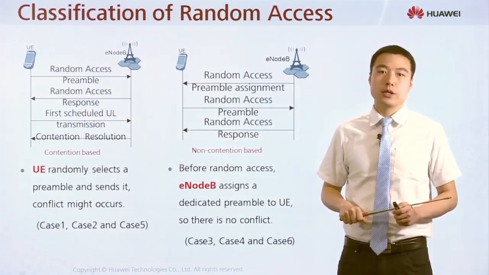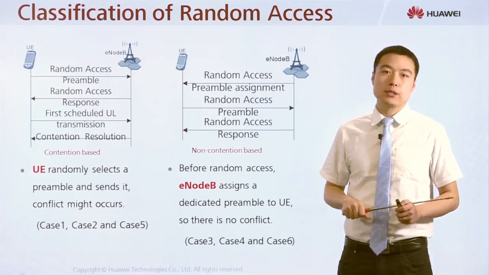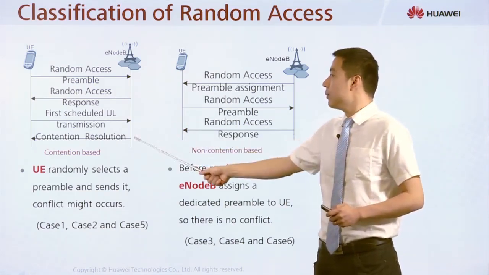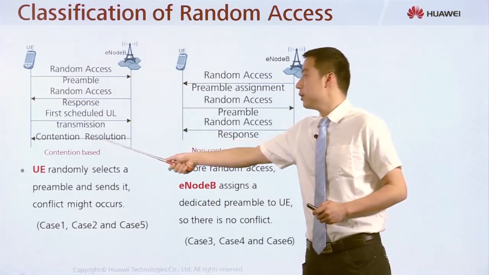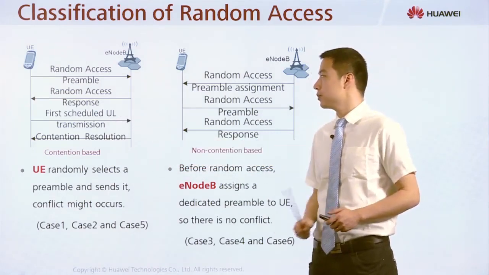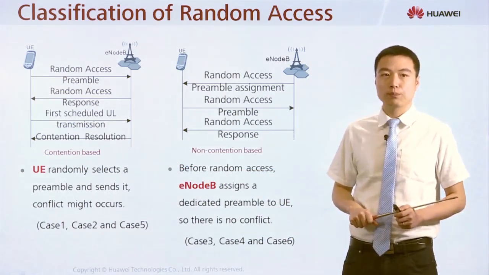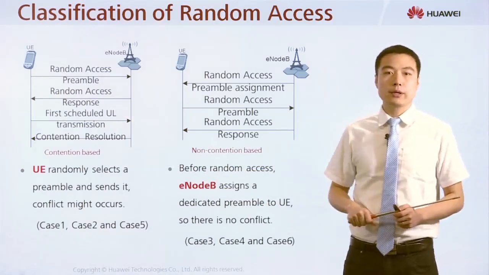In case 1 I just mentioned, it is the RRC connection setup request message. But for the other cases, maybe some other message. And if we have some conflicts, eNodeB will send the contention resolution after eNodeB receives the RRC connection setup request message. Okay, this is the contention-based random access.